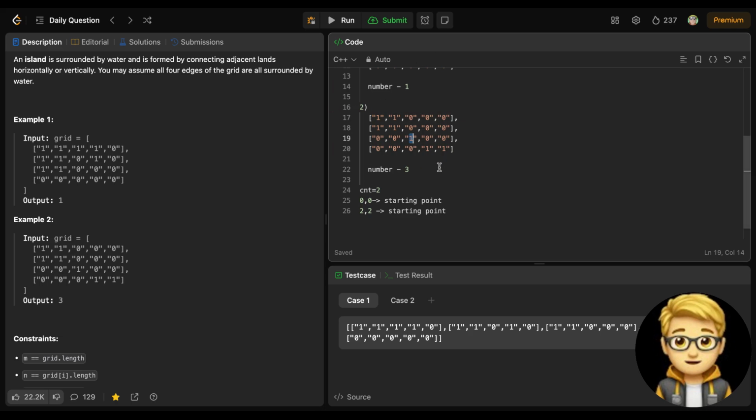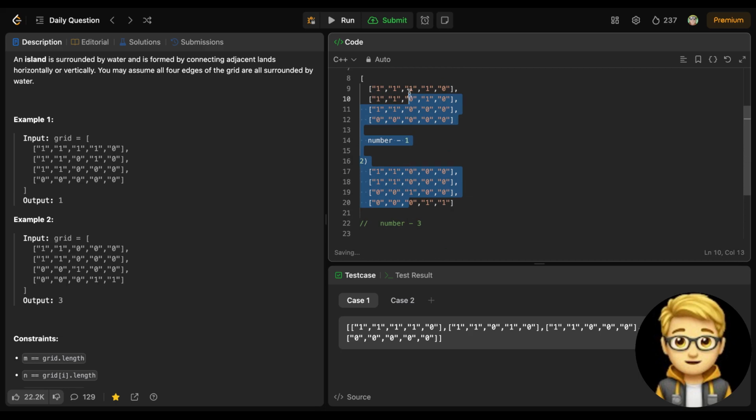Now again I need to find a starting point, which is at 3,3. It means we need to increment the count, so there will be three islands. Now I move in all four directions and this one will be covered. This is the intuition for counting the number of islands here.